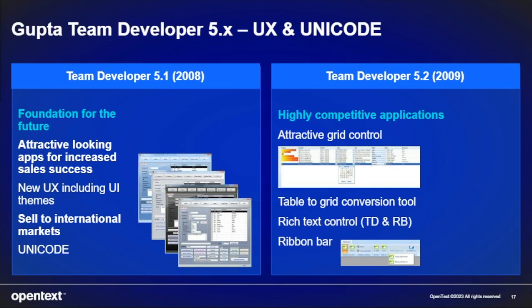And the second step in Team Developer 5.1 was the ability for you to sell to international markets by supporting Unicode. At that time, Windows had also moved to Unicode, and basically the entire user interface of Team Developer became Unicode.